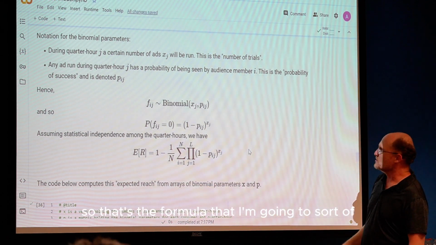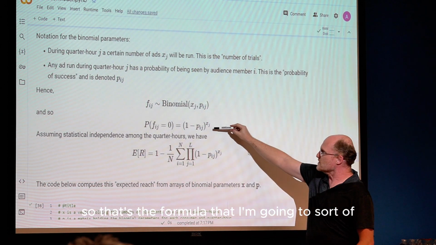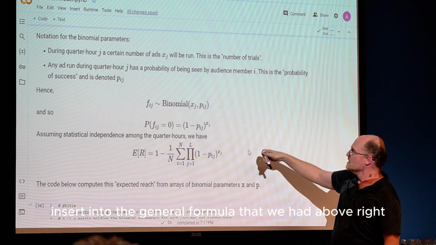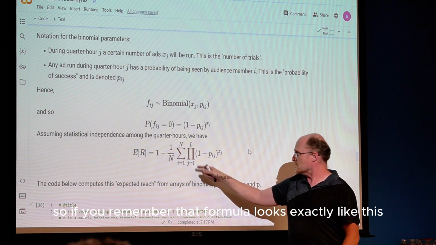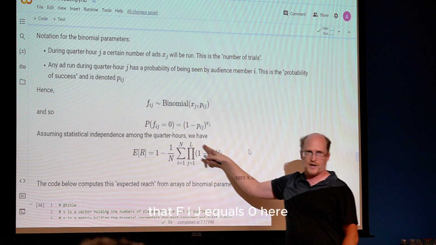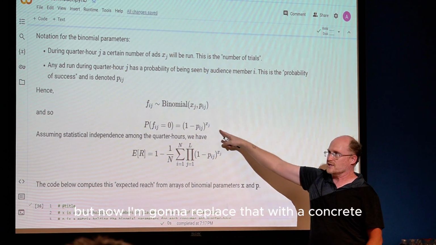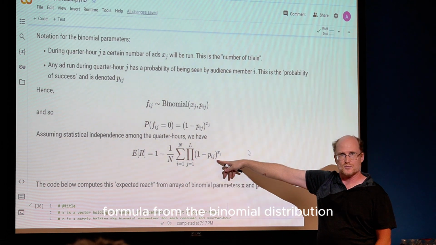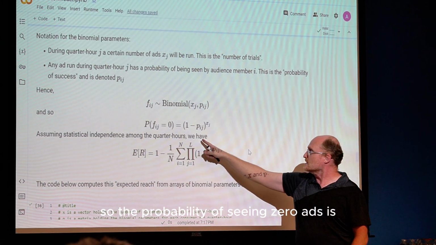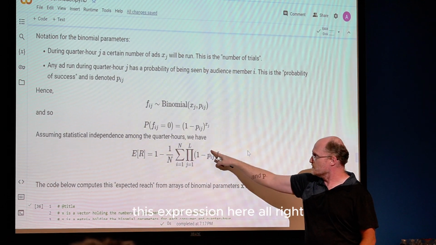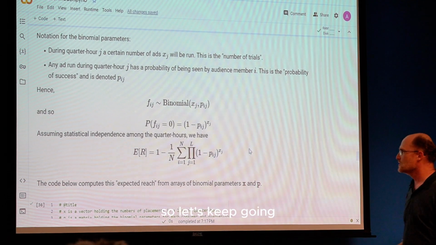That's the formula I'm going to insert into the general formula we had above. Before, I simply had the probability that Fij equals 0; now I'm going to replace that with a concrete formula from the binomial distribution. So the probability of seeing 0 ads is this expression here. All right, let's keep going.